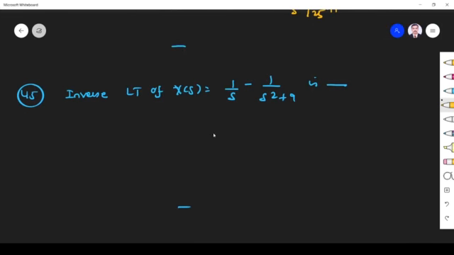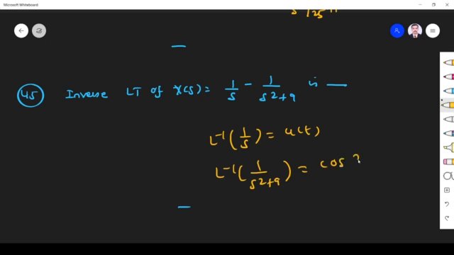Next question is the inverse Laplace transform of this one. What is the inverse Laplace transform of 1 by s u of t? Inverse Laplace transform of 1 by s squared plus 9 is equal to cos 3t, because 1 by s squared plus a squared is equal to cos a. Sorry. Right? So it is sine, not cos. Change it.